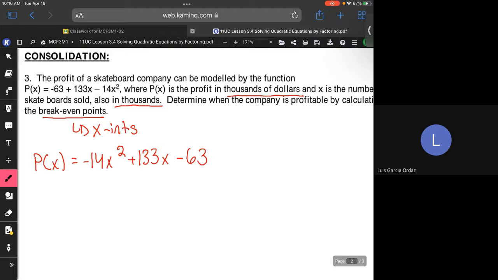Seven works. So 133 divided by 7. You're right, I'm going to factor out the negative, so we'll factor out -7, which means I'm dividing everything here by -7. So what's left in my bracket? Jade?